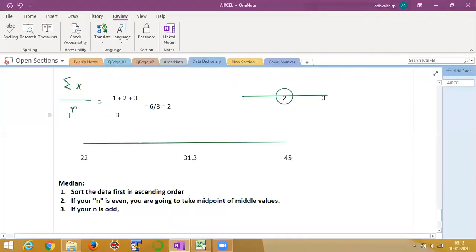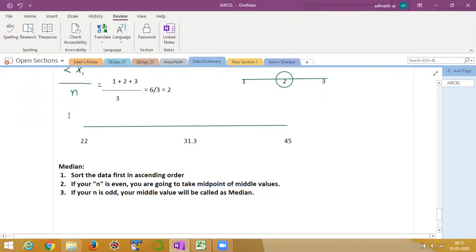So if n is odd, the middle value is called the median. Depending upon the scenario, we prioritize mean or median. In which scenarios we prioritize median and in which we prioritize mean, we'll discuss in the coming classes, not now.